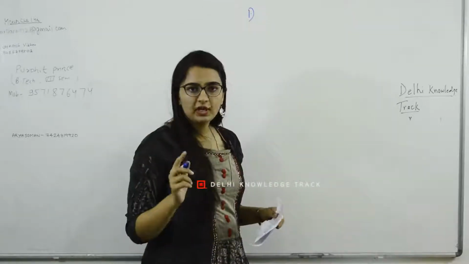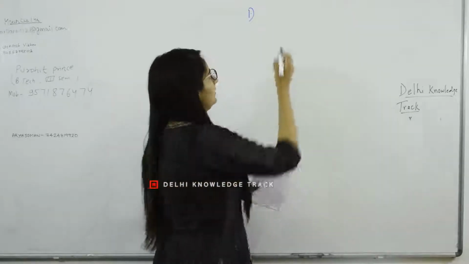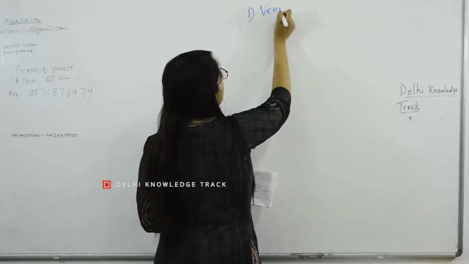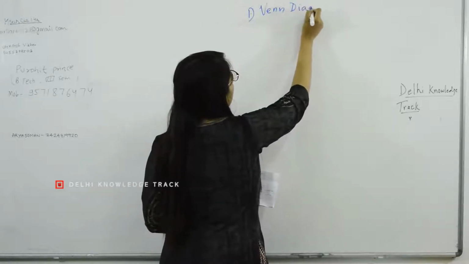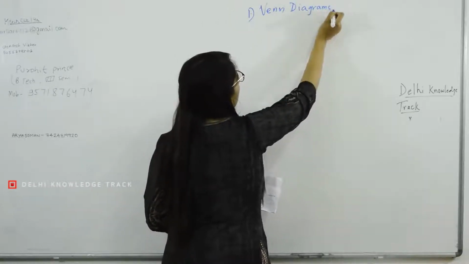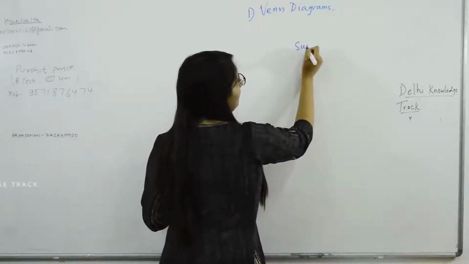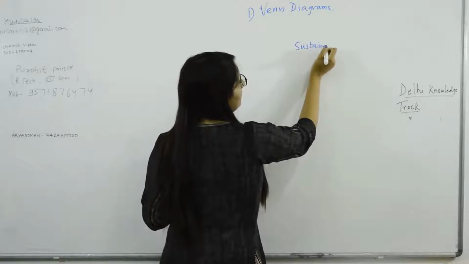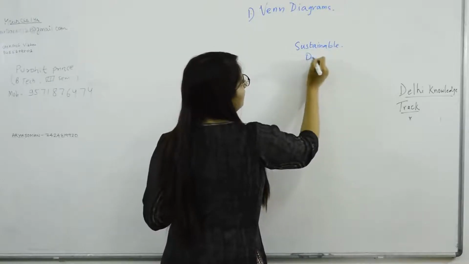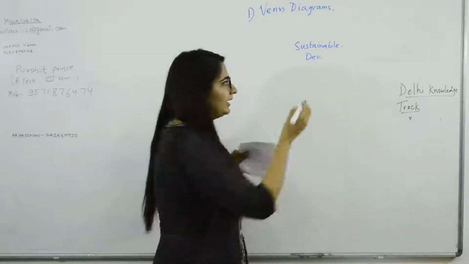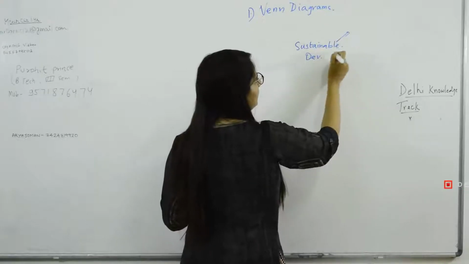In the first flowchart, we use Venn diagrams. Like if we want to show sustainable development, how do I show it? There are multiple components of sustainable development, right?